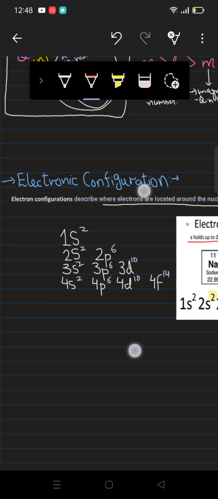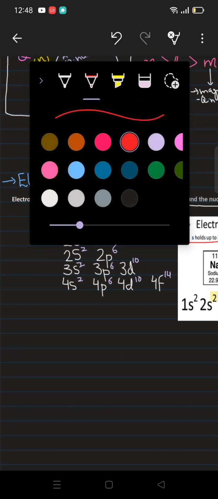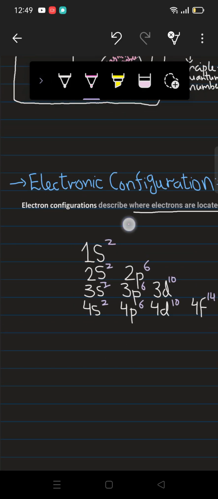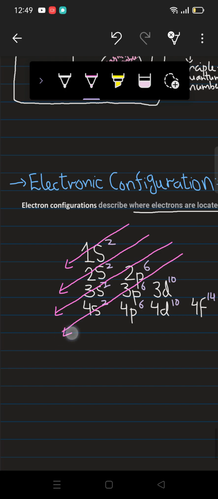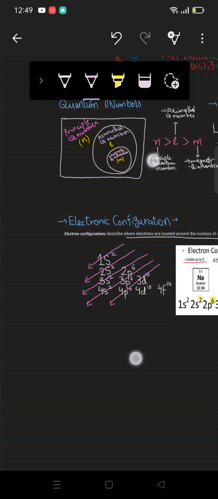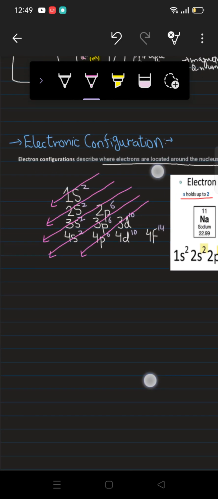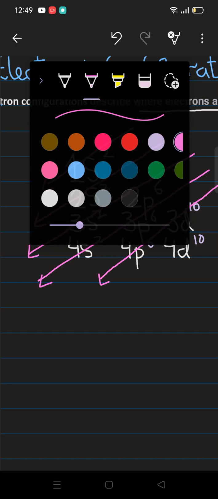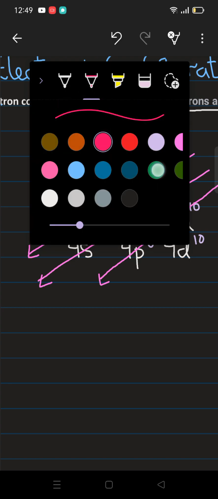Alright, so now how are we going to make this? We're going to make it like this. Here arrow, here arrow, here arrow, here arrow. Alright, so we're going to make the electronic configuration here, which means initially electrons, wait, let me write this here.